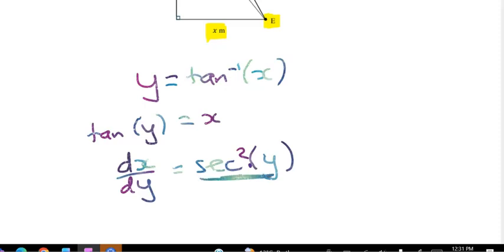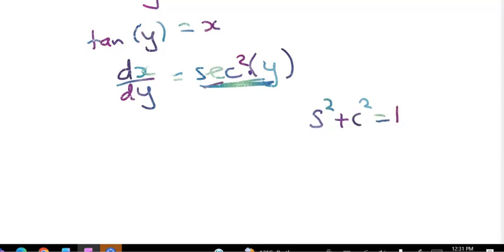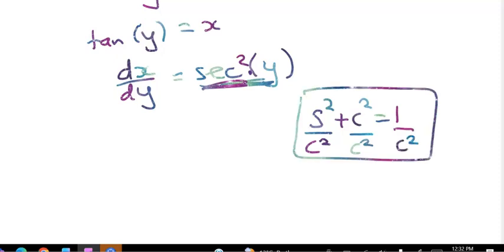When you see sec squared of y, you should think straight away of the Pythagoras identity, sine squared plus cos squared is equal to 1. When you see sec squared, you know that we're working with the link between tan squared and sec squared. So we can rewrite sec squared of y as tan squared of y plus 1.